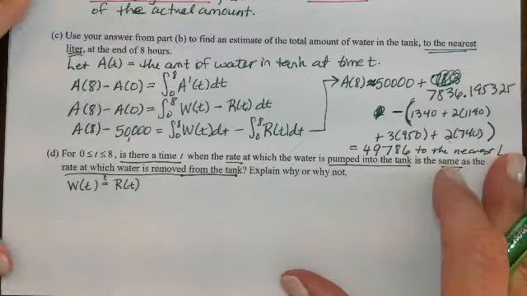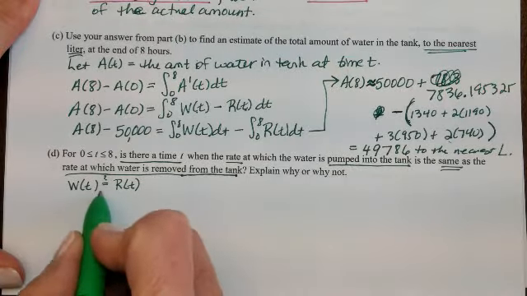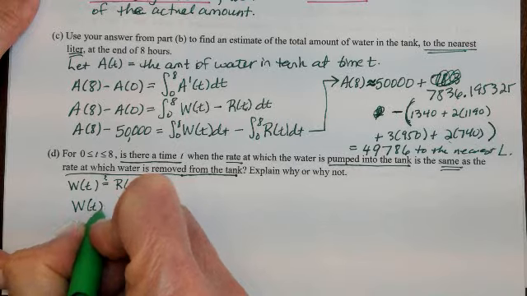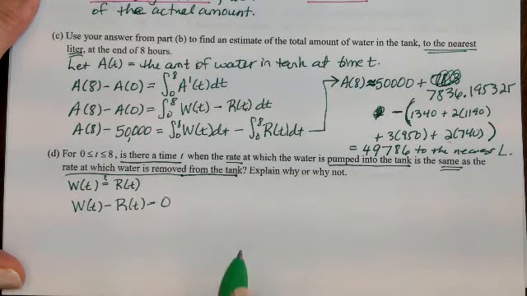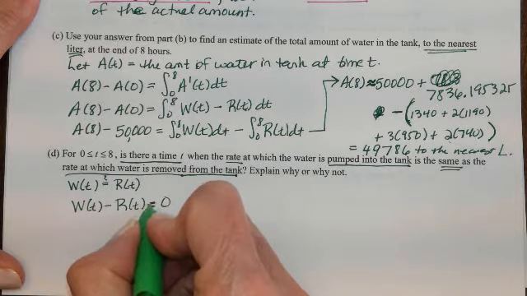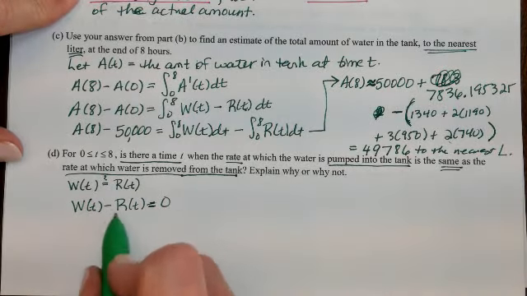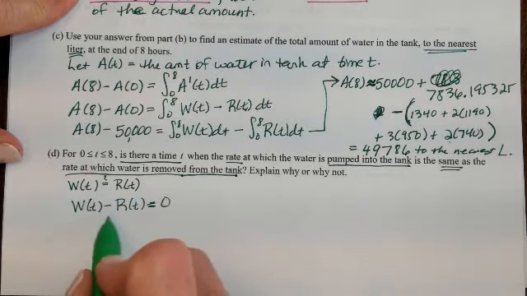But I thought of a way: if these are equal, then W minus R would have to be 0, right? If they were equal, then their difference would have to be 0. So I thought, okay, let's just see, and this was really what I did.